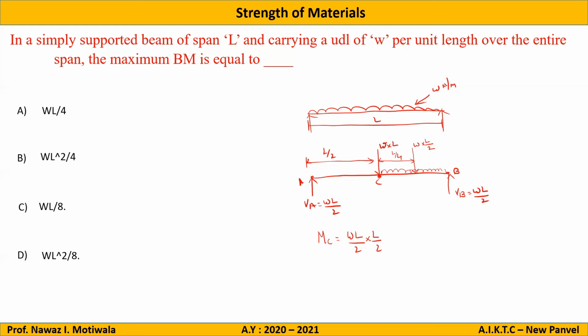So if I consider the moment of this now, it will be minus W into L by 2 multiplied by L by 4. So finally I will get WL square by 4 minus WL square by 8. If I solve this, I will finally get the answer as WL square by 8. This is the correct option, option number 3.